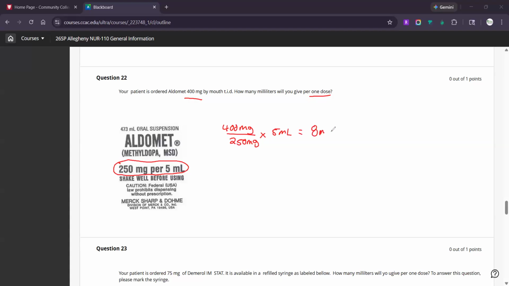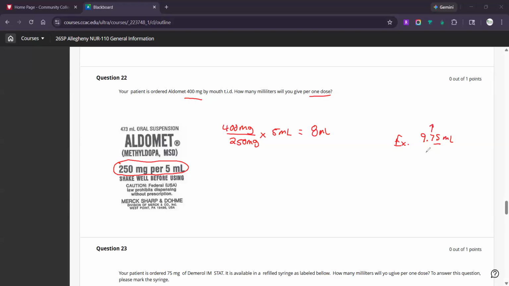Now, let's say you got an answer, and this is just an example, let's say you get 9.75 milliliters as an answer. If you get something like that, then you're going to look at the five, and if it's five or greater, you're going to round up.